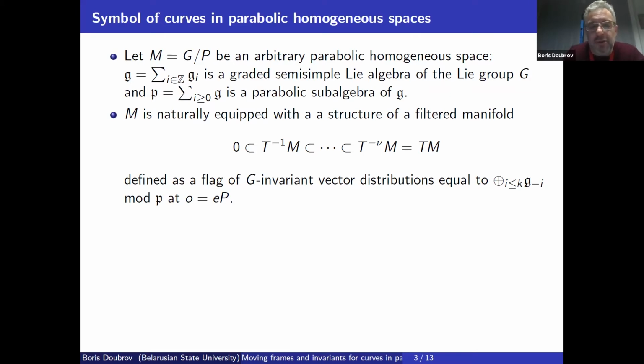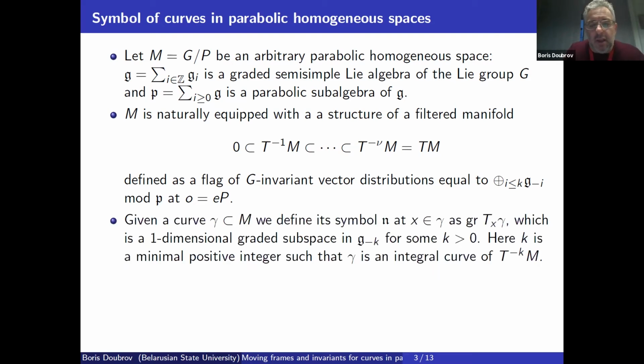Essentially, what is the smallest subspace in this filtration for which our curve is an integral curve? And I'm not going to limit myself to just curves tangent to T-1. I recall that for curves I use this letter gamma all the time, so gamma would denote a curve.